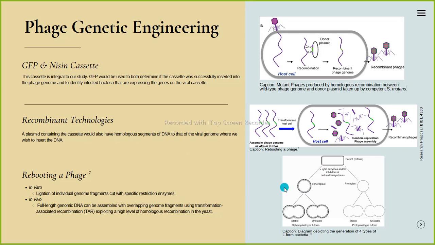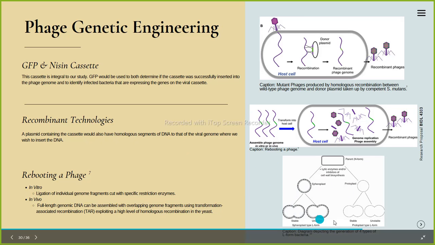As you can see on the right, this is just a quick diagram showing the different forms of L-form bacteria, with partially segmented cell walls and completely gone cell walls.